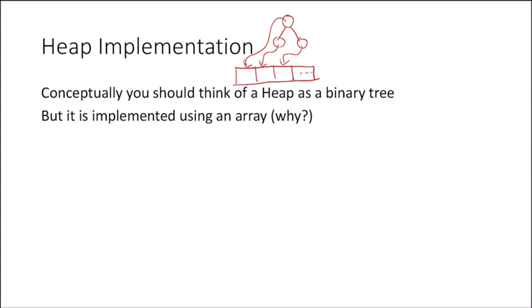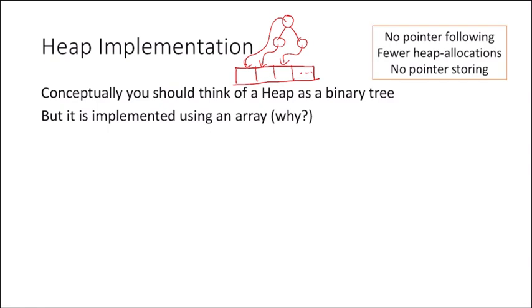So why would we want to implement this as an array instead of the more natural way to implement a tree, which is using pointers? Well, this is something we'll get into the details of pretty soon. But for now, it's enough to realize that when you do this as an array, there's no pointer following, there's fewer heap allocations, and no pointer storage.